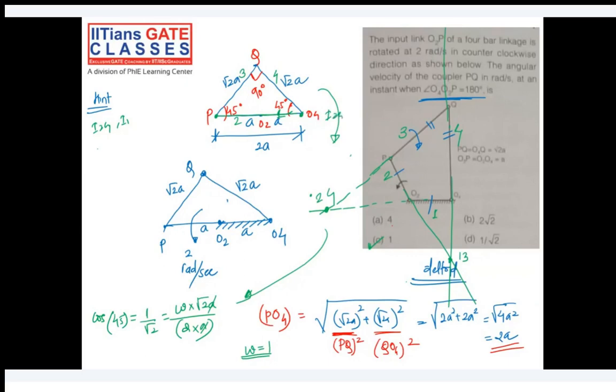The point P will be I1, 3 and I2, 4 at this particular instant, because when this point slowly comes down, automatically this 2, 4 point will move here. Sorry, this is I1, 3 and this is I2, 4. Okay, I think now it's clear.